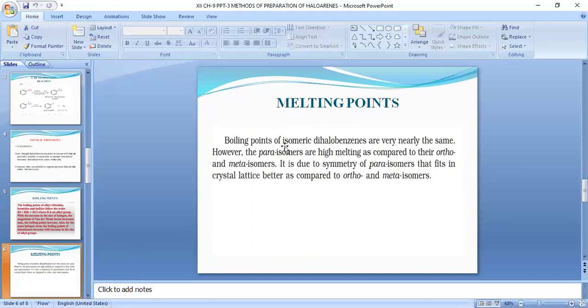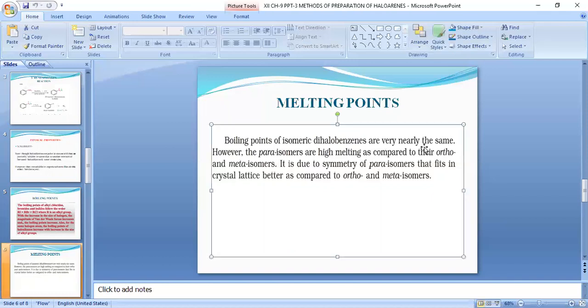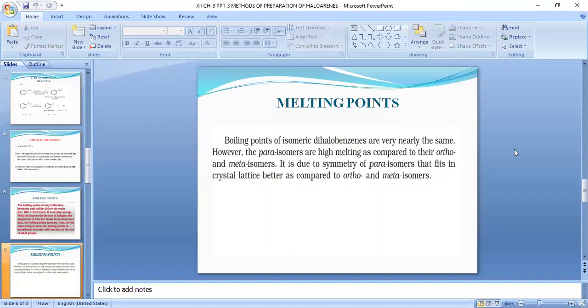But when we talk of the boiling point of the haloarenes, the boiling points of the isomeric dihalobenzenes, that is those haloarenes where we have two halogen atoms, are very nearly the same. The benzene rings where two similar halogen atoms are present at ortho, meta or para positions have almost similar boiling points, but the para isomers have the highest melting point.